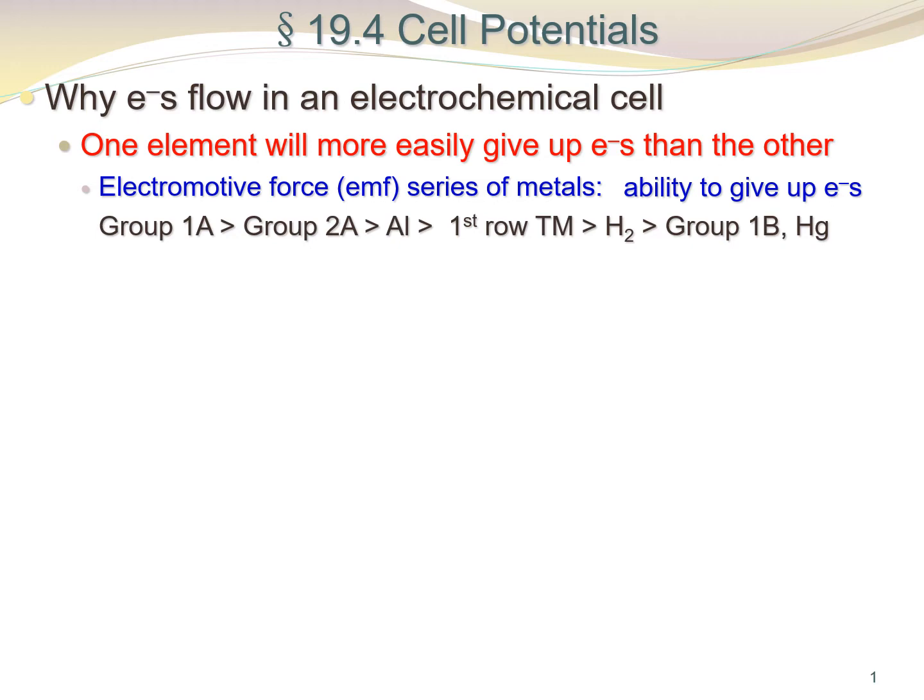So when we look at this series, we suddenly realize it matches the statement we have just made about electronegativity. Group 1A, far left. Group 2A, second from far left. Transition metals sit in the middle, while group 1B, 2B, like mercury, sit at the end of the d-block elements.